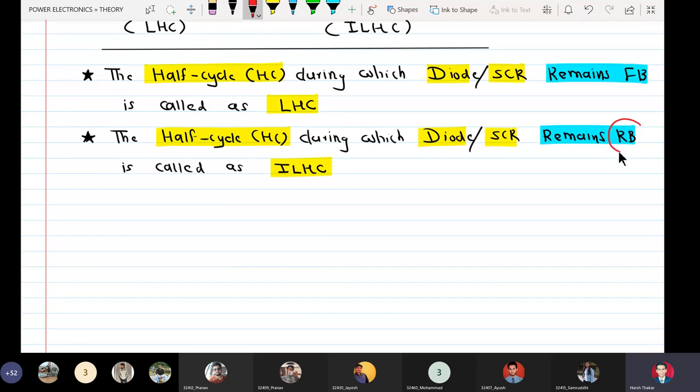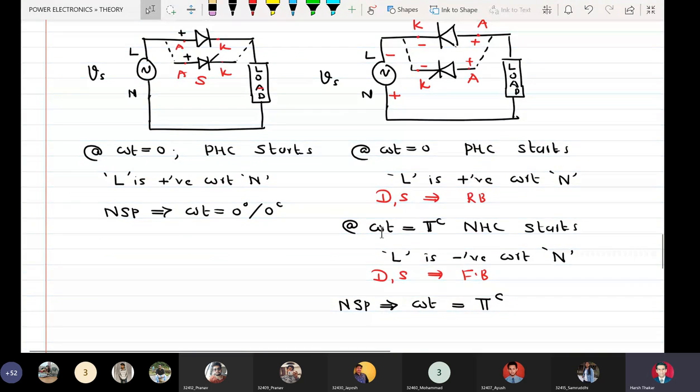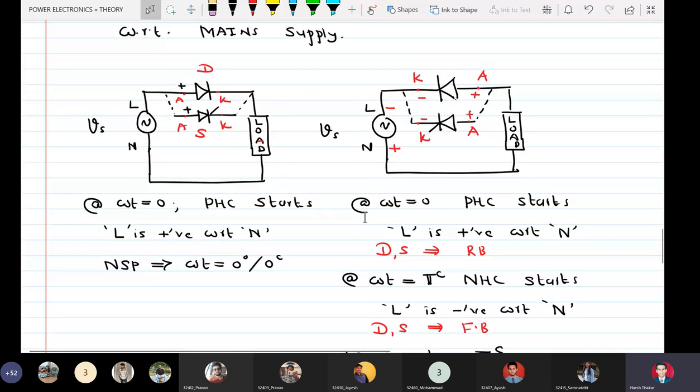Okay, so here it is reverse biased, here it is forward biased. So based on these definitions, can you tell me that in the left circuit, which is LHC and which is ILHC? Which is a legal half cycle for the devices in the left circuit?